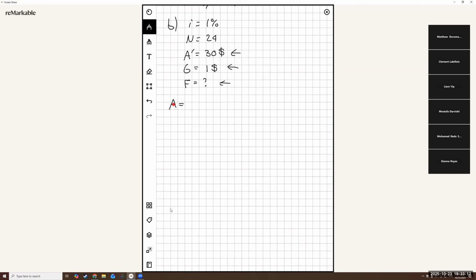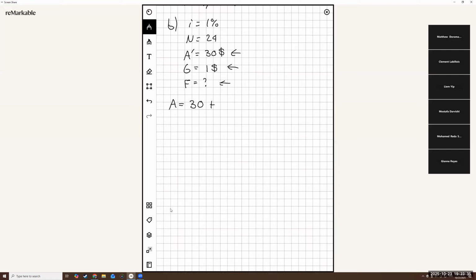Keep in mind this A value will be the equivalent amount you receive per month. This $30 is already just an amount you receive per month. It's already in the correct format. So we will say 30 here, and the rest of the term will be an addition. We do not have to adjust this number.